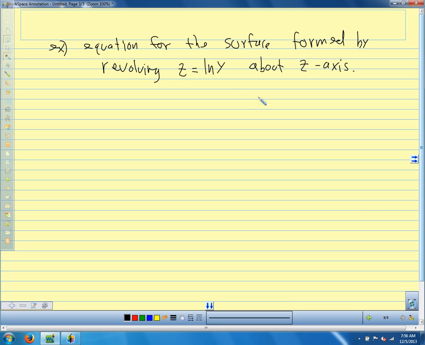So because we're revolving about the z-axis, we want our radius function, our generating curve, to be some function of z. So we want our radius to have the form r of z.